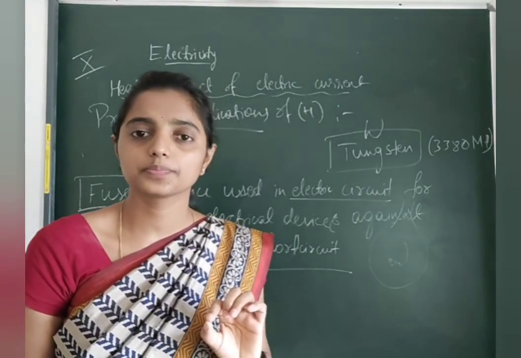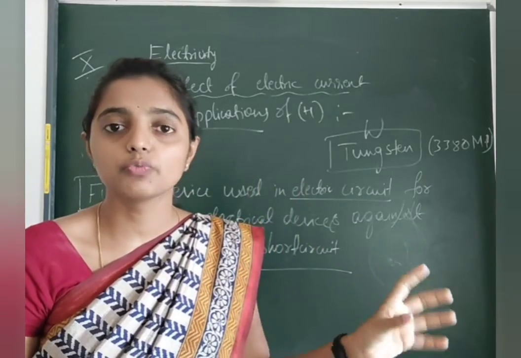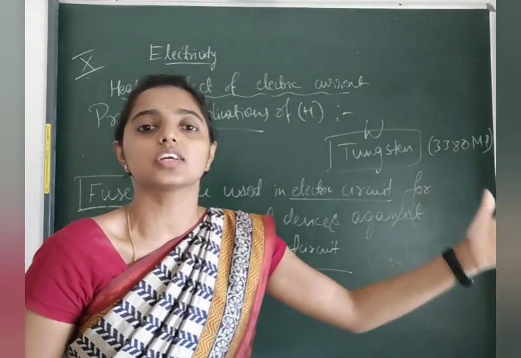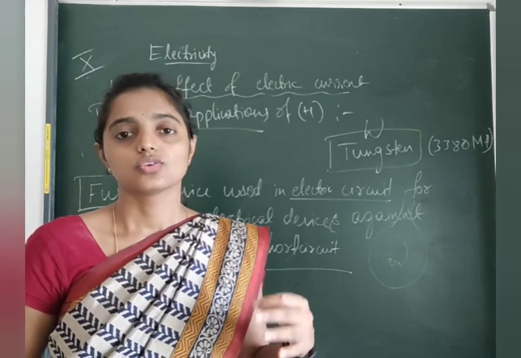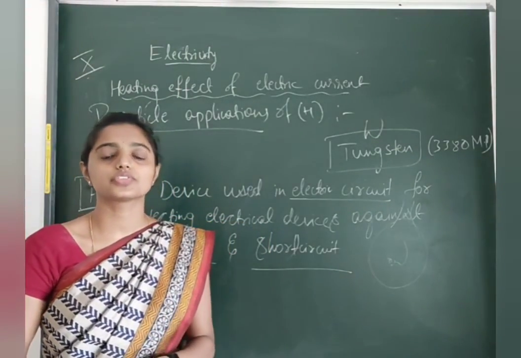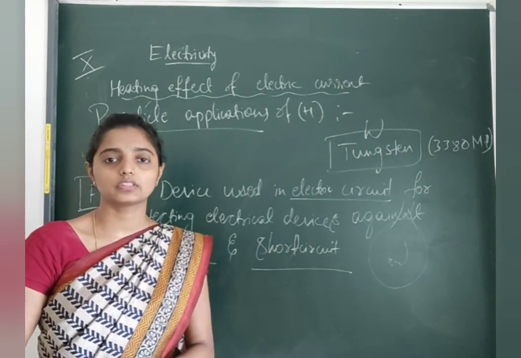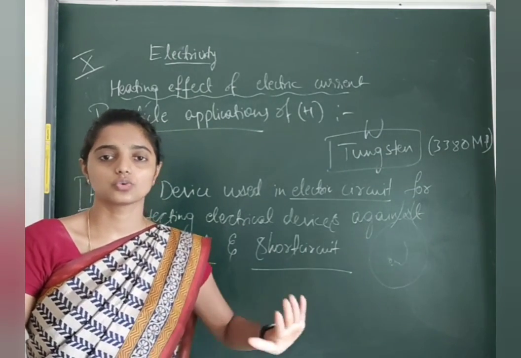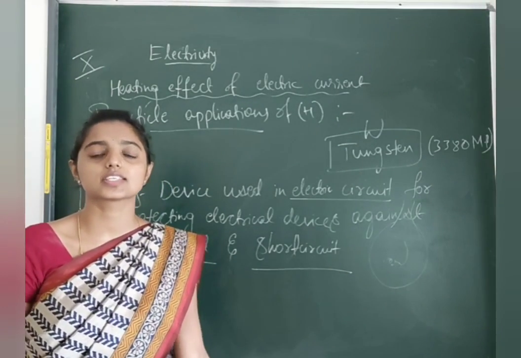A fuse is a material used in an electric circuit so that it can protect electrical devices against overload and short circuit. In the next class we will deal with the definition of overload, short circuit, properties, disadvantages of fuse, and also we'll start one more new topic, that is electric power. If we finish that, almost all the theory part has been completed. We just need to solve some of the exercise problems.